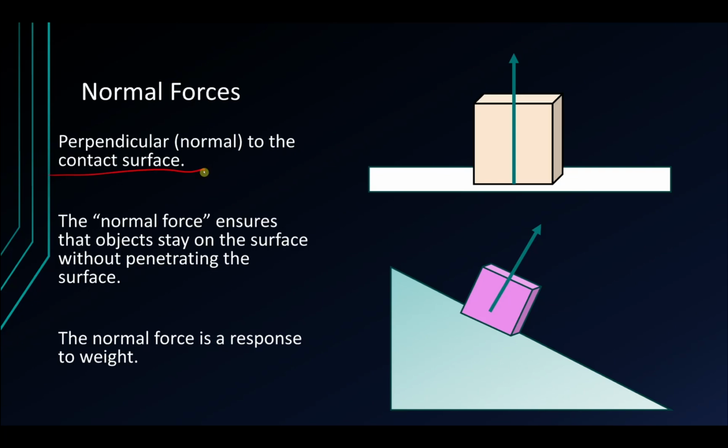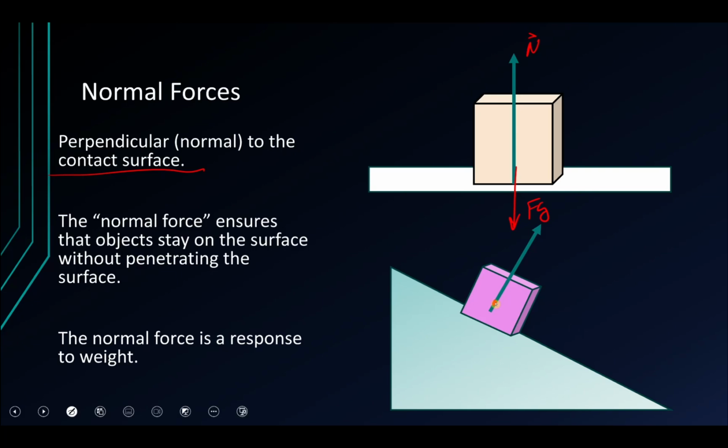This is really important because in our most basic example, a block sitting on a table, we have the force of gravity downwards, we have this normal force pointing upwards, and people always assume that the force of gravity is always going to be opposite the normal force. An example where that's not the case is a block on an inclined surface.